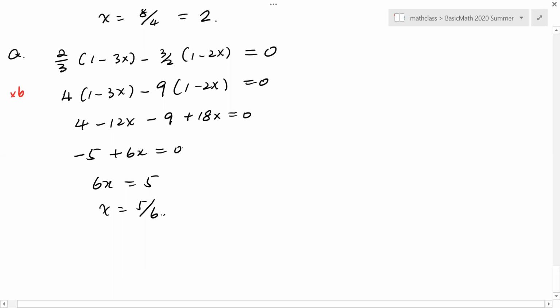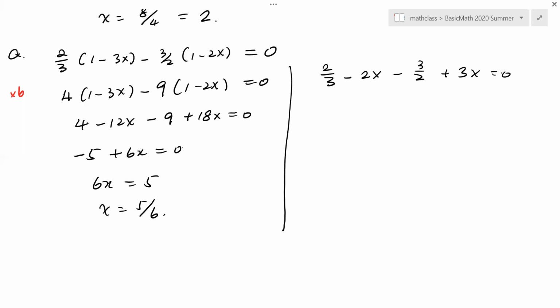And this is only one way to do it. Another way is you don't get rid of fractions. You just multiply this out. It'll be 2 over 3 minus 2 over 3 times 3 is going to be 2. And here, 2 over 3 over 2, and then plus 3x equals 0. Okay? You multiply this out first. The reason you want to do it is because 2 over 3 times 2 is just 3.